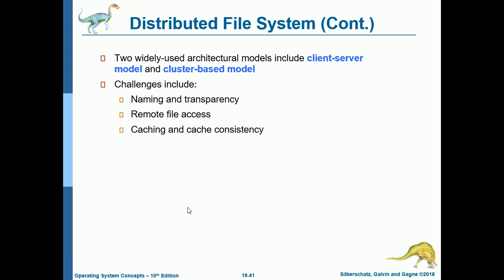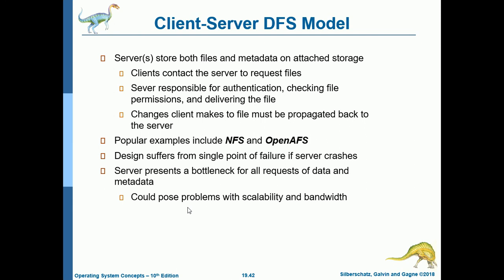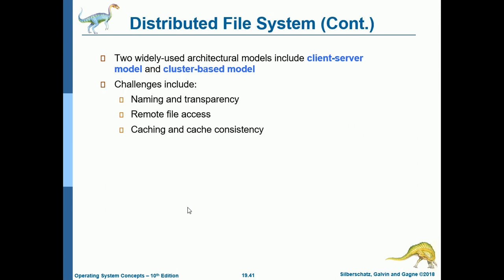Then we have the cluster-based model, which is a resource sharing model where all systems are equal users and providers of resources. What are the challenges that are included? We have naming and transparency, remote file access, and caching and cache consistency. We're going to discuss the challenges later on.